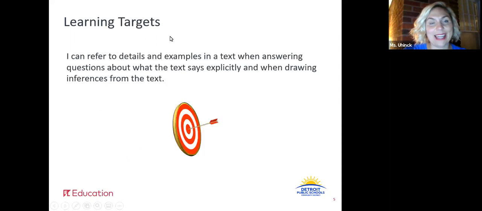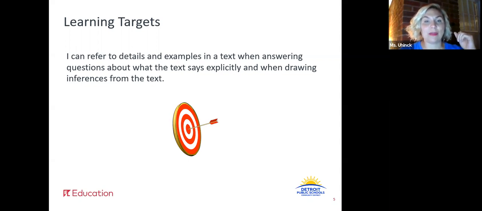All right, great. Now that we have our materials, let's review our learning targets. I can refer to details and examples in a text when answering questions about what the text says explicitly and when drawing inferences from the text. So just a reminder, there's two ways that we can answer questions and gather that information.